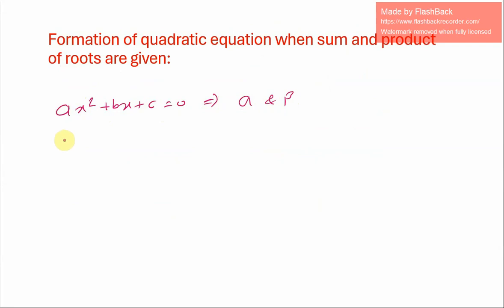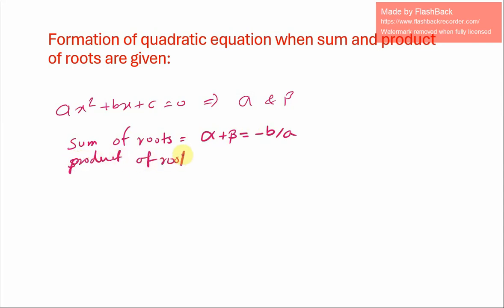Then the sum of roots, alpha plus beta, is minus b upon a, which we studied in the chapter polynomials, and the product of roots, that is alpha into beta, is c upon a, the constant term divided by the coefficient of x square.